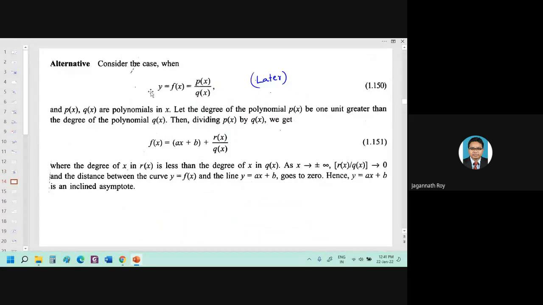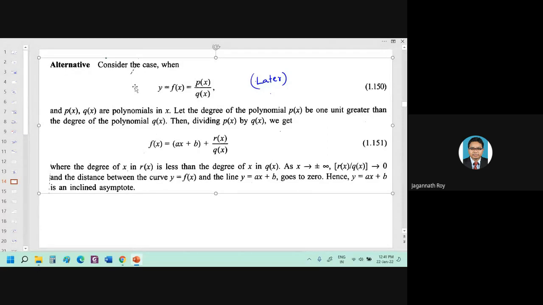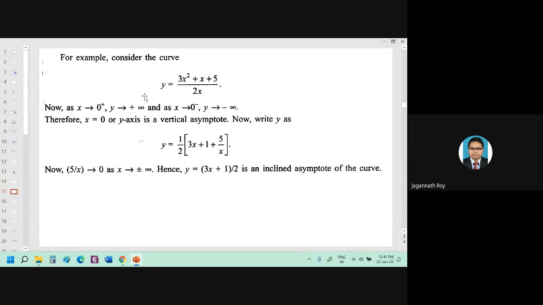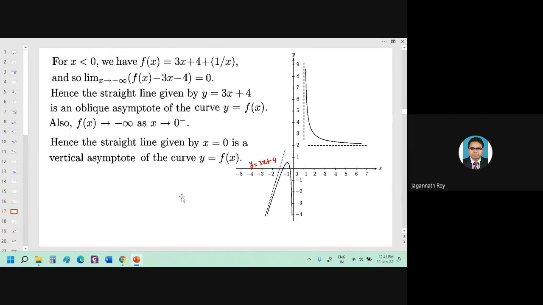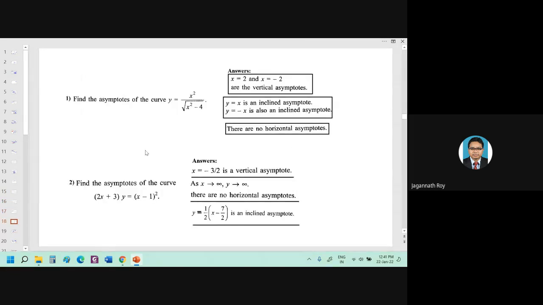So this method is sometimes applicable for some problems, but not always. For example, this one, this method is applicable. Verify these results.